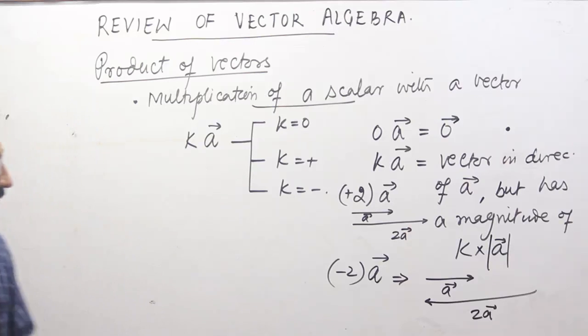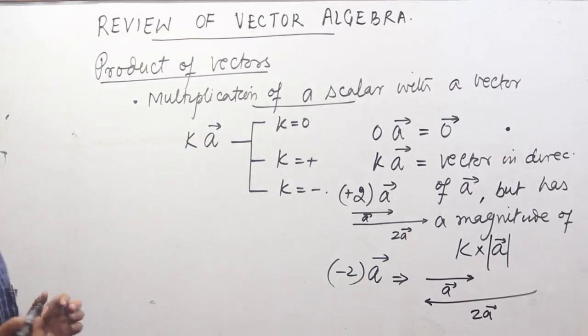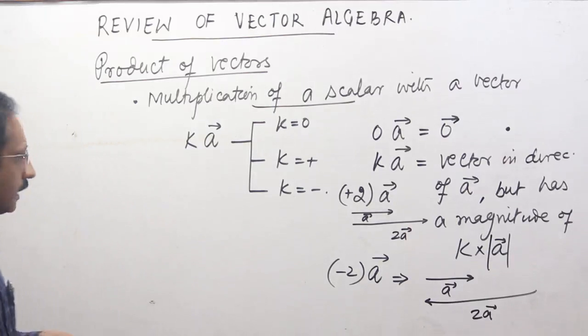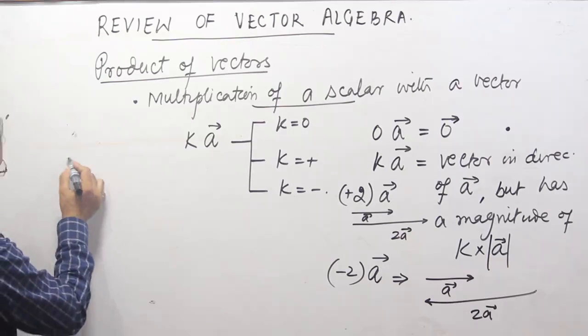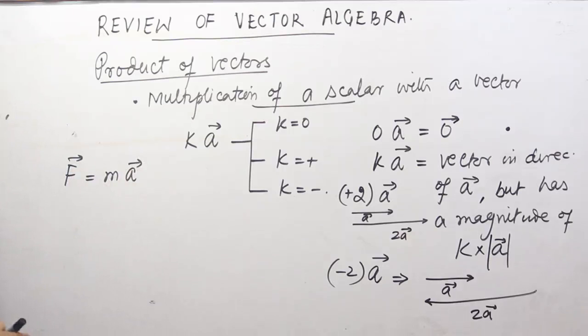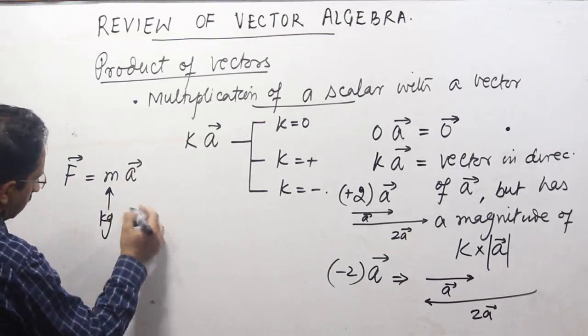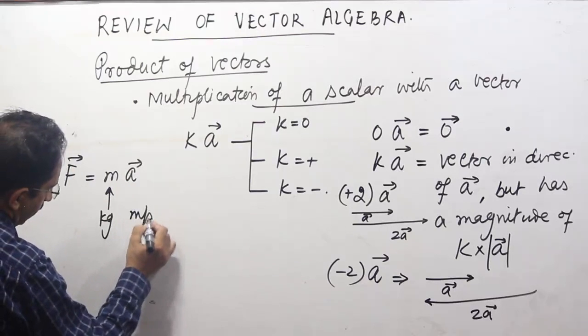If k is a scalar with a unit, for example, a common relation we use is F equals m times a. Now m is a scalar, but suppose this scalar carries a unit, 1 kg. This acceleration is in meter per second square.